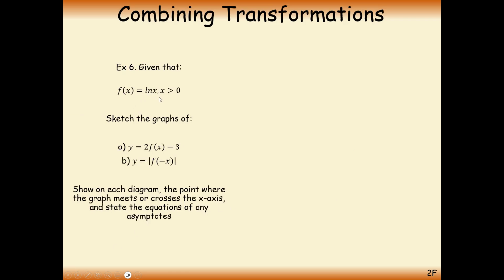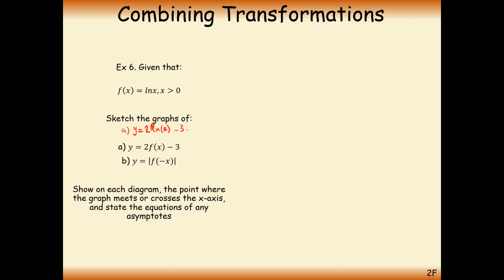We've been told that the function will represent the logarithm of x, where x is always positive. We've been asked to sketch the transformed graph of 2 times f of x minus 3. So that means for part A, y will be 2 times logarithm of x, and after the function we'll have a subtraction of 3.